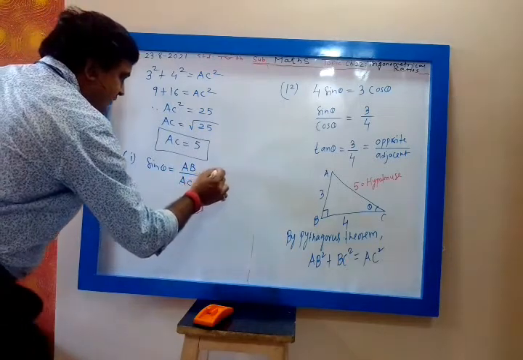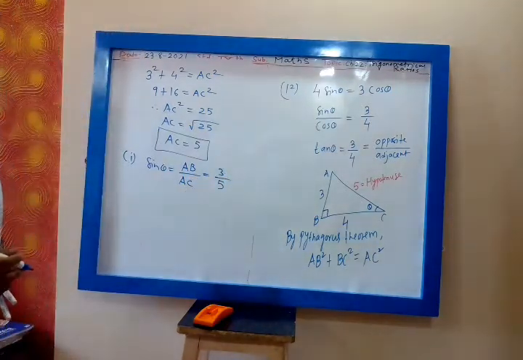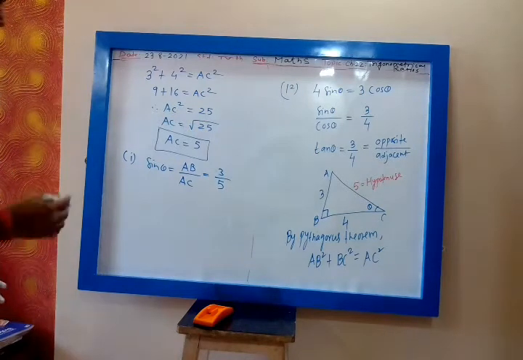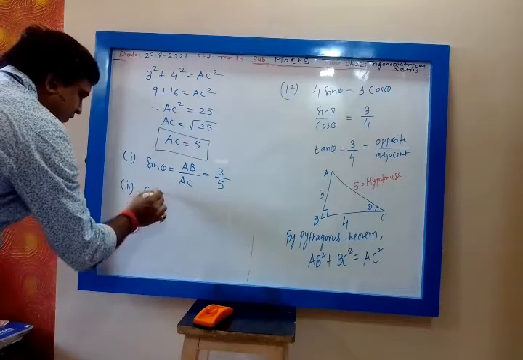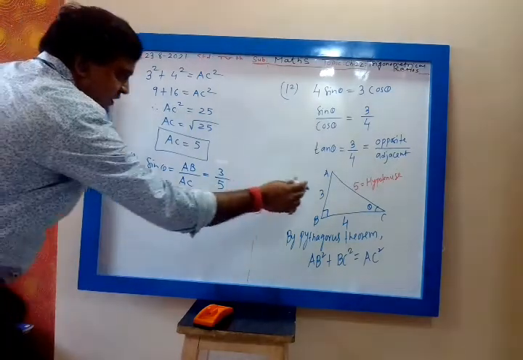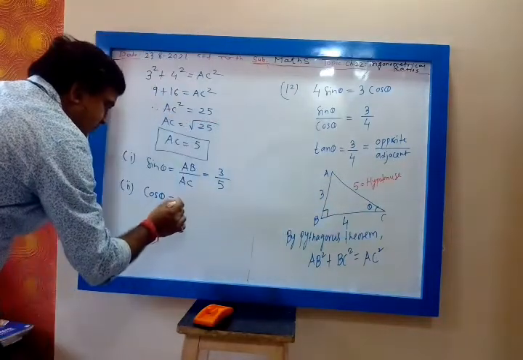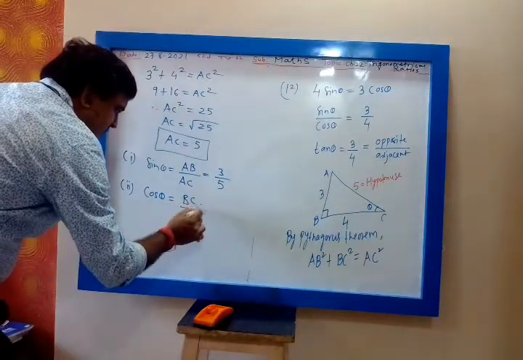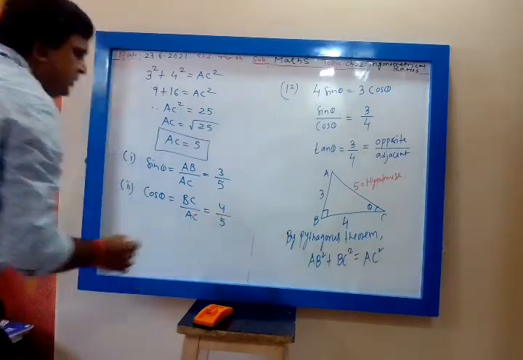So sin theta is 3 by 5. Second, find cos theta. Cos theta is adjacent BC upon AC, that is 4 by 5.